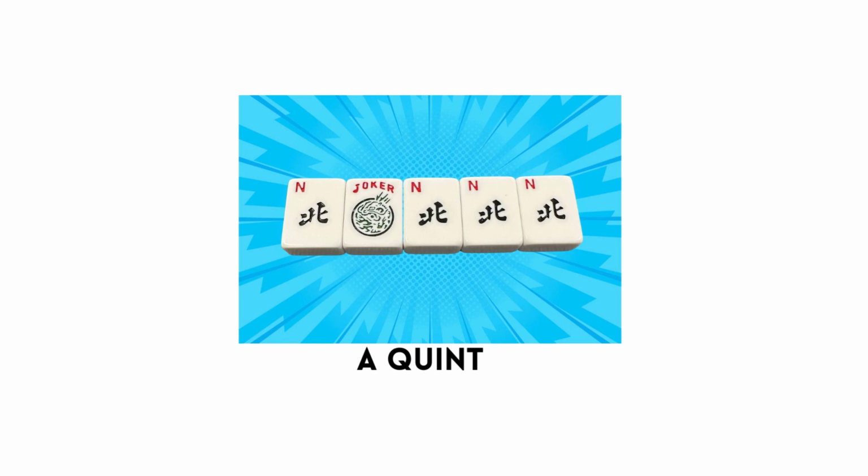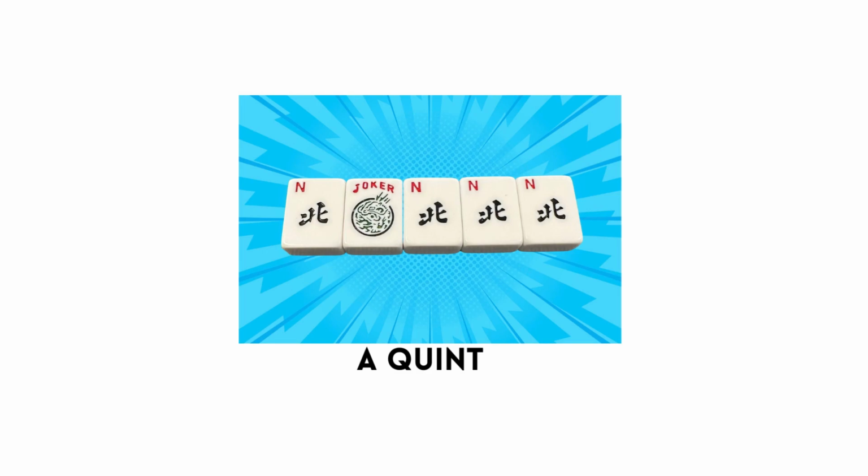The only grouping that you wouldn't have to use a joker in would be a grouping of flowers, because there are 8 flowers. Okay, now if you're lucky enough to get all of the jokers, you possibly could be using 5 jokers in a quint as well.